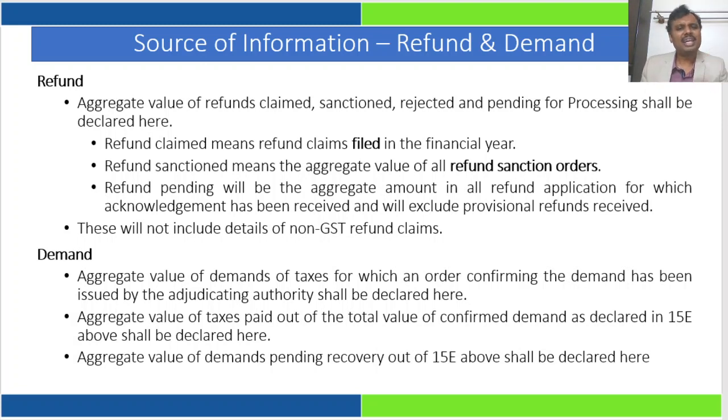In the financial year 18-19, you might have filed for 17-18 and 18-19. It is not about the 18-19 refund, because the 18-19 refund you would have filed in 19-20. It's not about traveling to the future and bringing it here. During the financial year, whatever transactions you have conducted, that is what you are reporting.